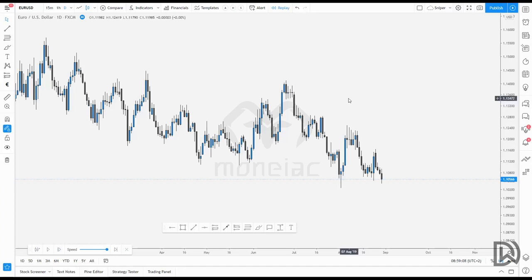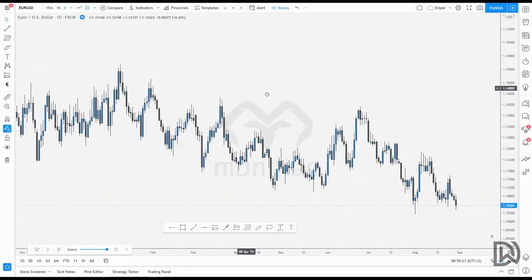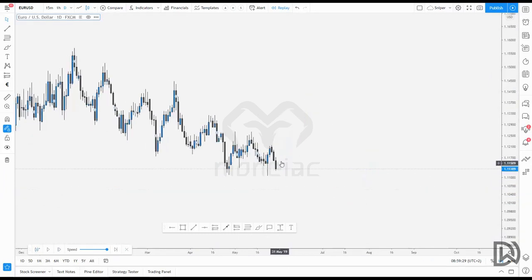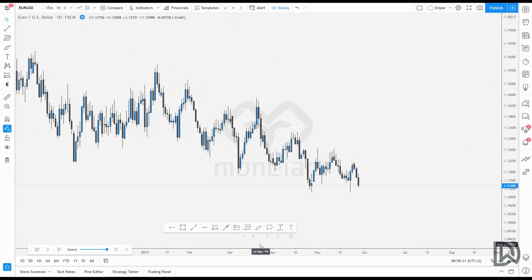So let's look at this, the daily time frame. I'm starting from the daily and working my way down towards the 4-hour, 1 hour. I'm just going to outline a few things that we will be looking at. Looking at price going down, we are in a visible downtrend.